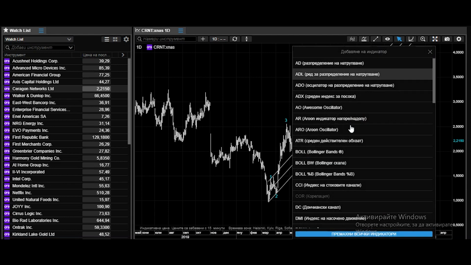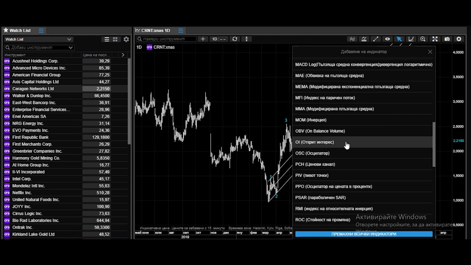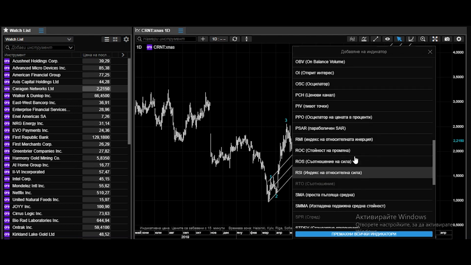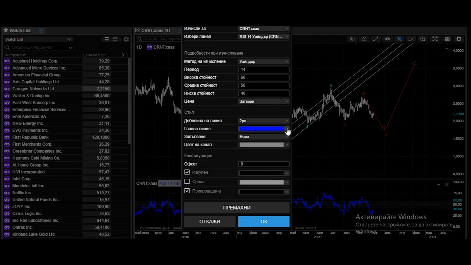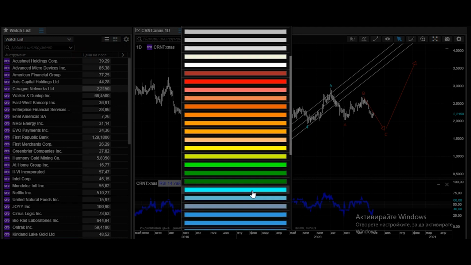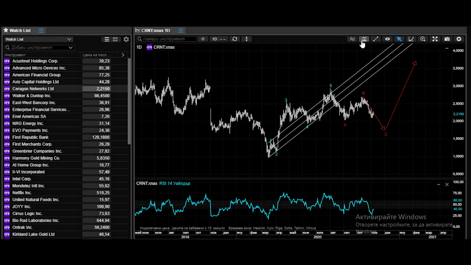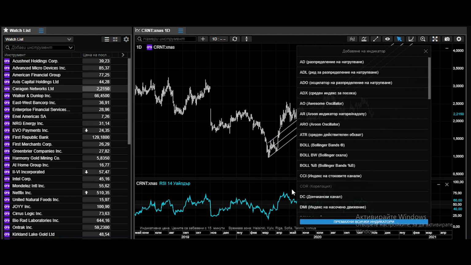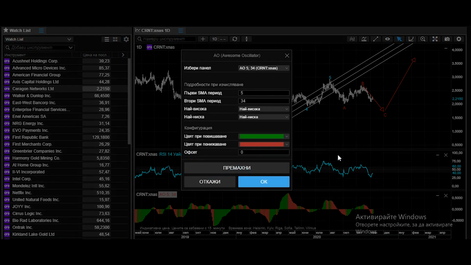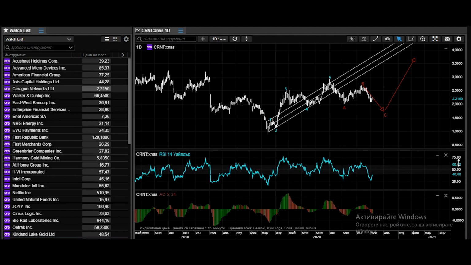And now let's see what the indicators show us. We add RSI and awesome oscillator. So the fifth wave makes a higher price peak, which doesn't happen with the indicators.